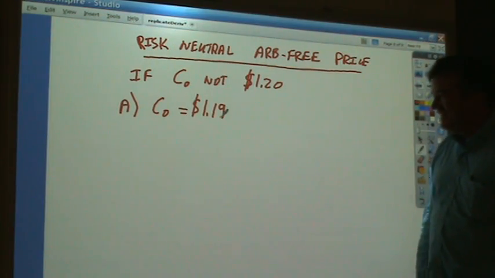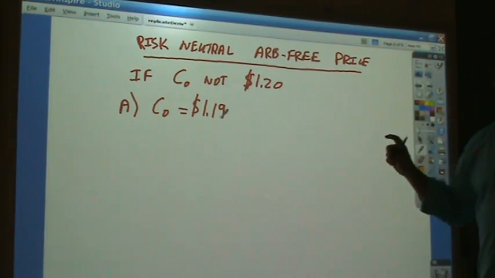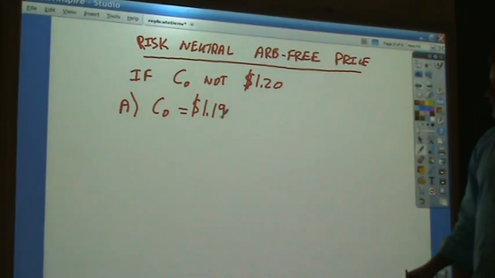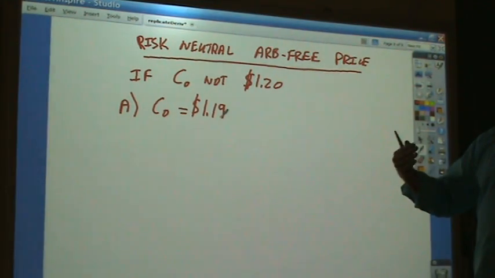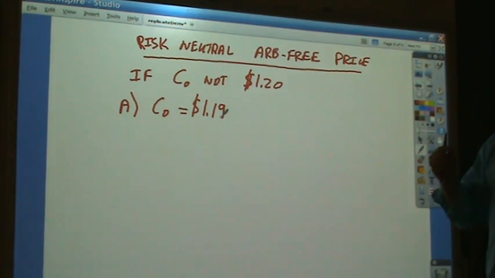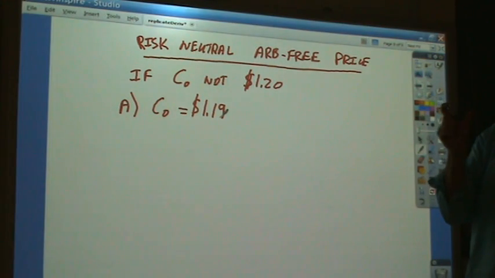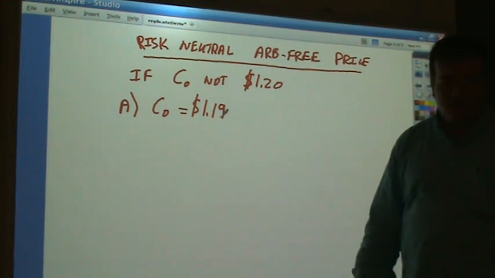Yeah, okay. Right off the top, when you see these arbitrage-related questions, basically what we have coexisting at the same time in the market is you can buy the same thing at two different prices. What would you do?